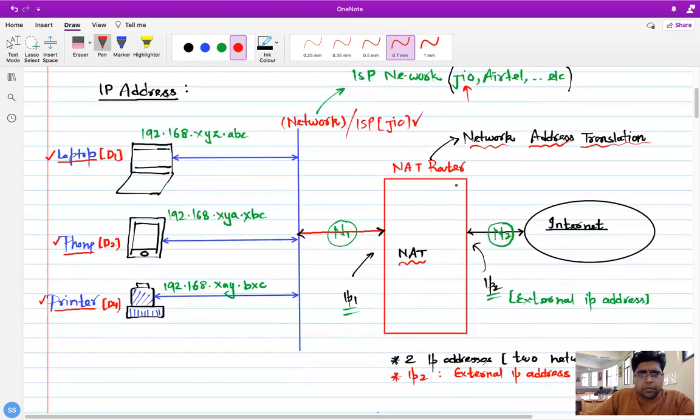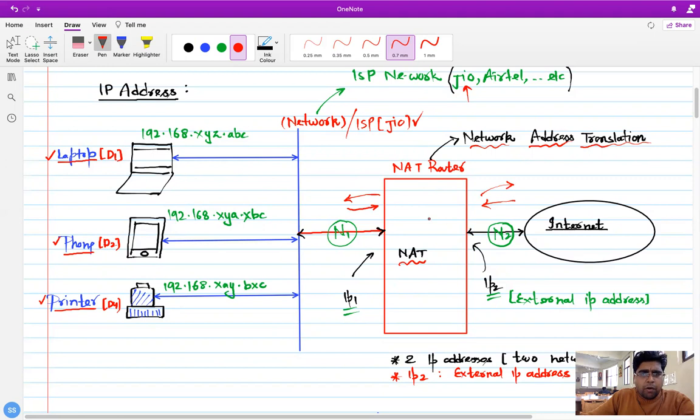So what is the use of network address translation? As the name suggests, it is translating the network address. It means some addresses are coming from the internet and it is converting those addresses into something else. And it is getting some addresses from the private network and it is converting those addresses into something else.